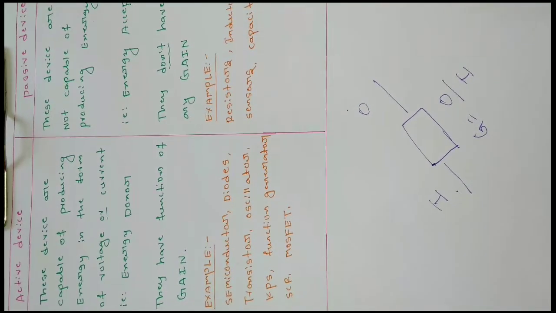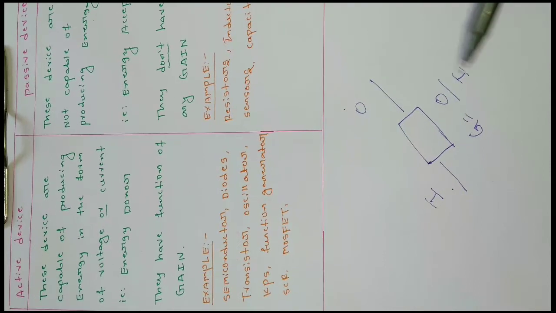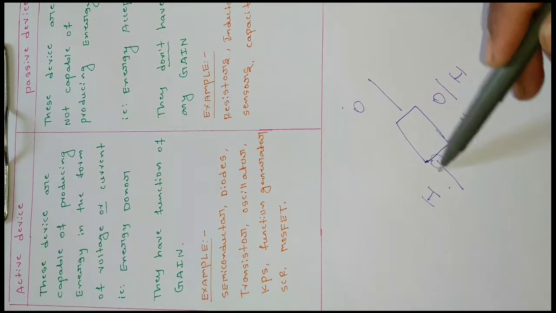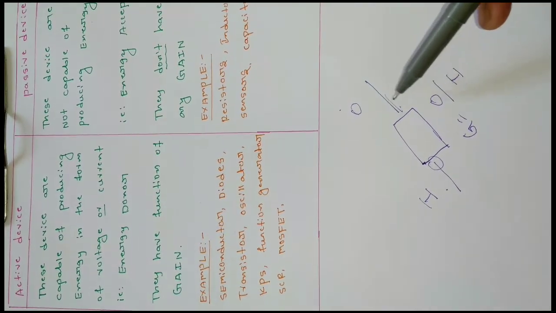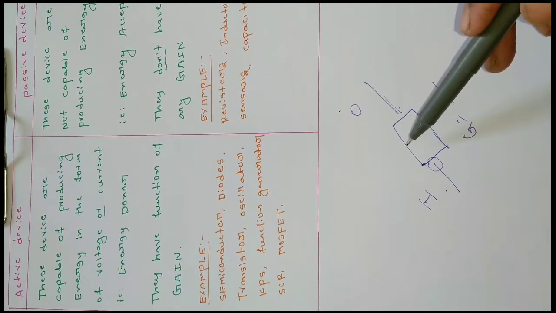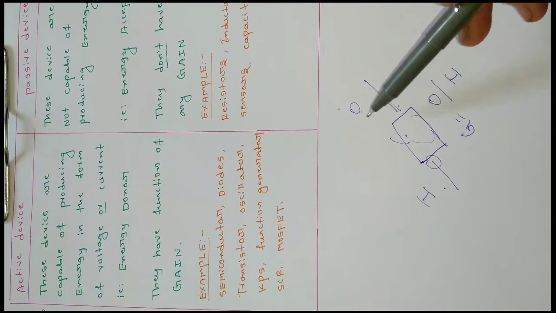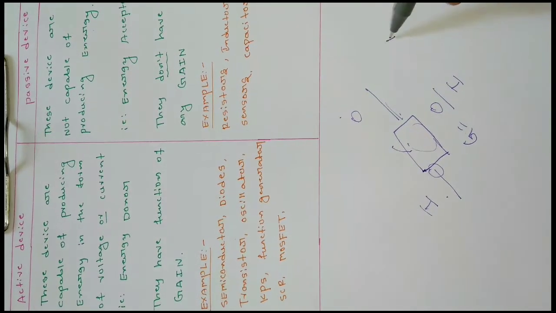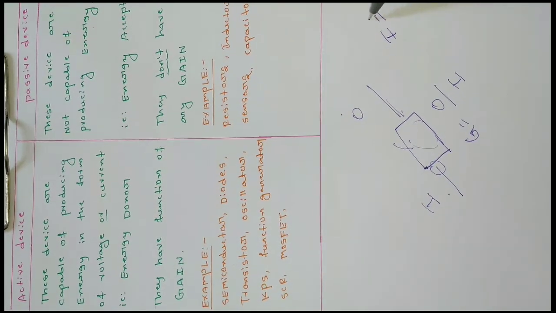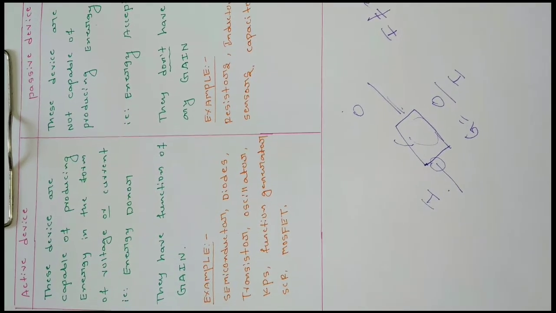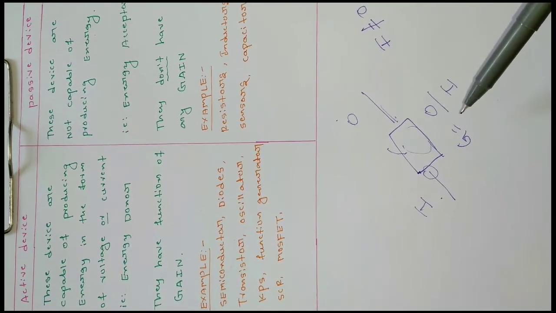As these are active devices, when we give some input they produce a different output. So they amplify or produce energy within the system. I will not be equal to O here, so they have a function of gain.